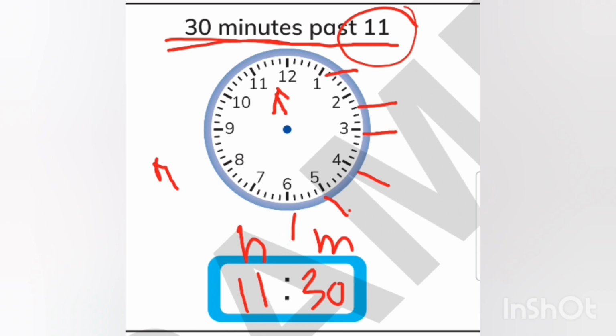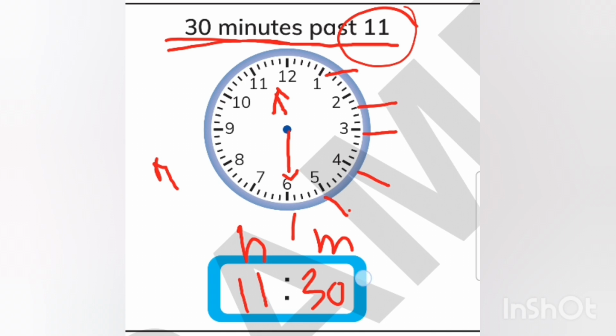So the big needle is not on 30, it is on 6. It will be exactly on 6, not here and there. So this is 11:30. If it is not exactly on 6, then it is not exactly 30.